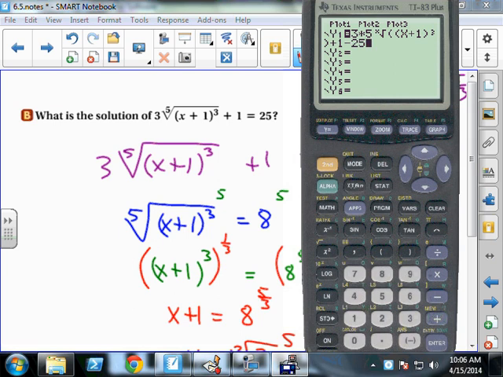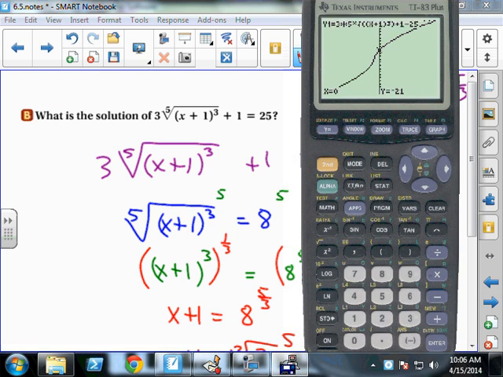And I'll graph this. And I'm looking for the 0. Let me try zoom fit. Zoom 0, zoom fit. The calculator's really working hard on this one. So there's my function.